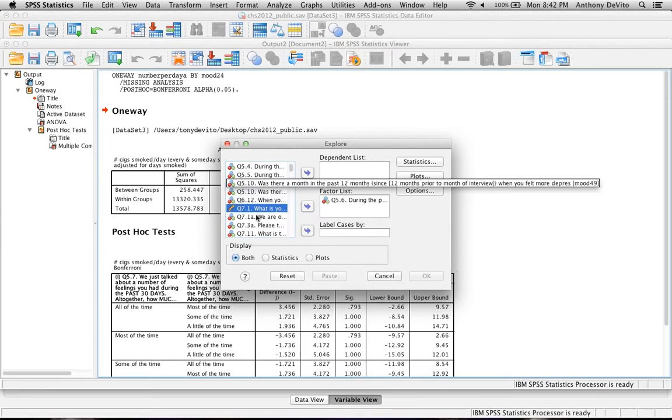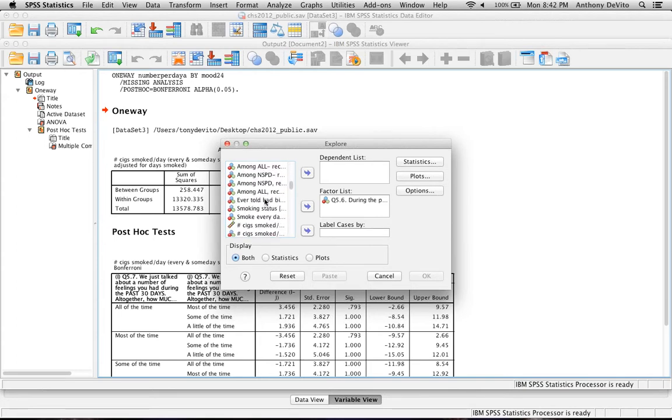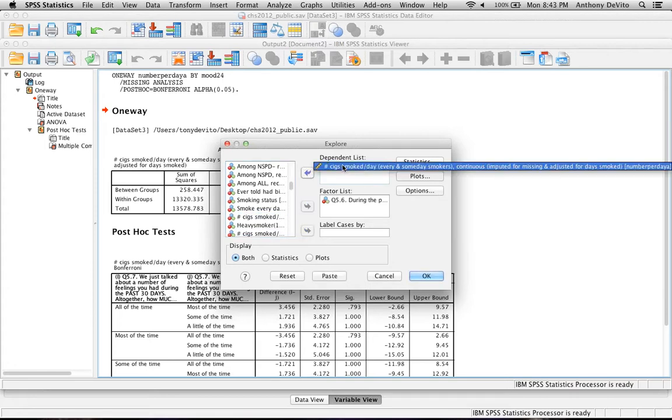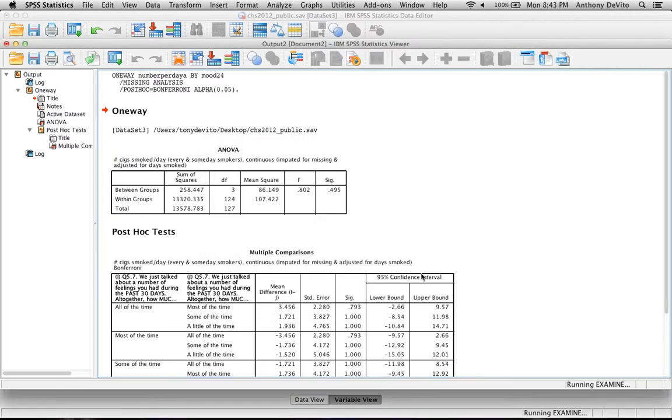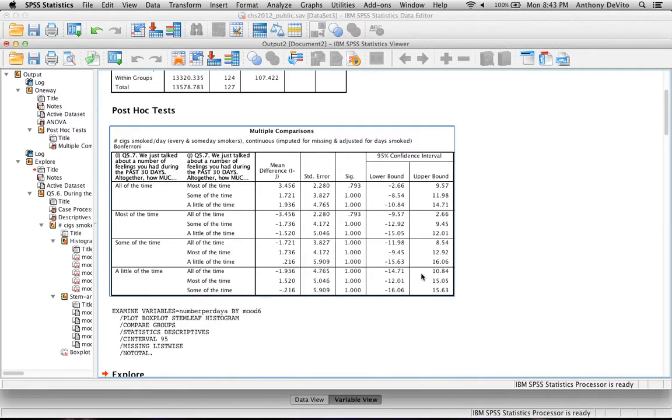And I wonder if I got the right factor. Number of cigarettes smoked. Statistics, okay. See what we get.